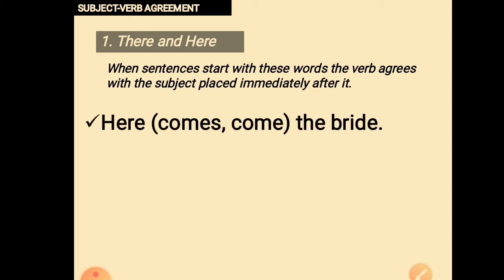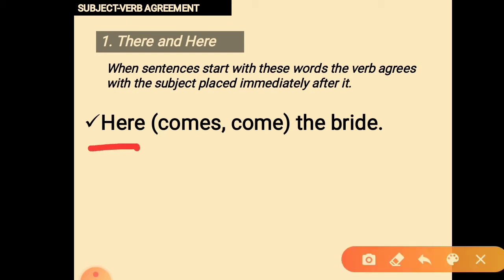So as you can see here, we have the word here, right? So according to the rule, when it starts with the word here, this verb will agree to the subject placed immediately after it, pagkatapos nito.